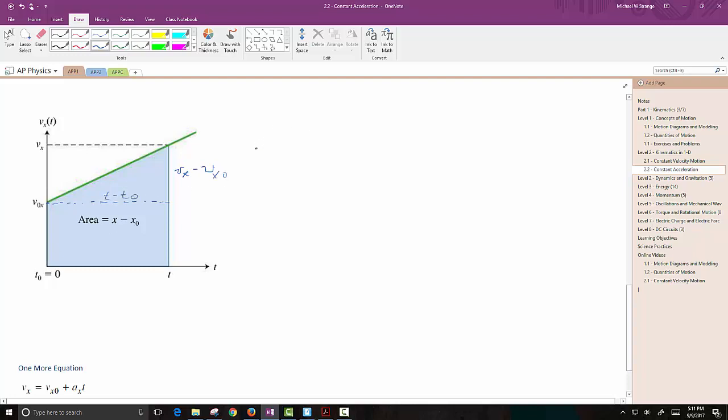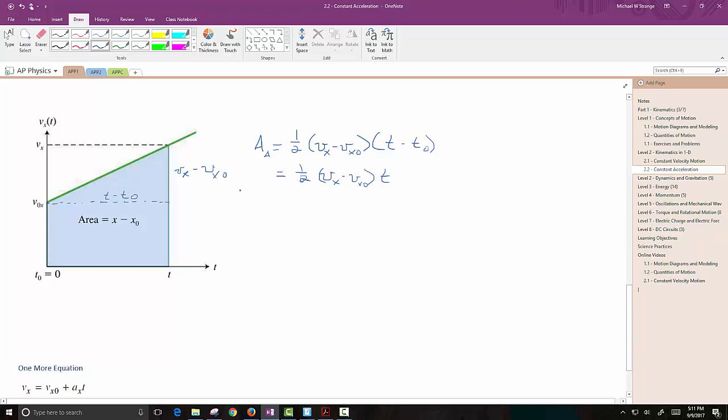So the area of the triangle is going to be 1/2 of Vx minus Vx naught times T minus T naught. And we can simplify that a little bit because T naught is 0. So the area of the triangle is going to be 1/2 Vx minus Vx naught times T.